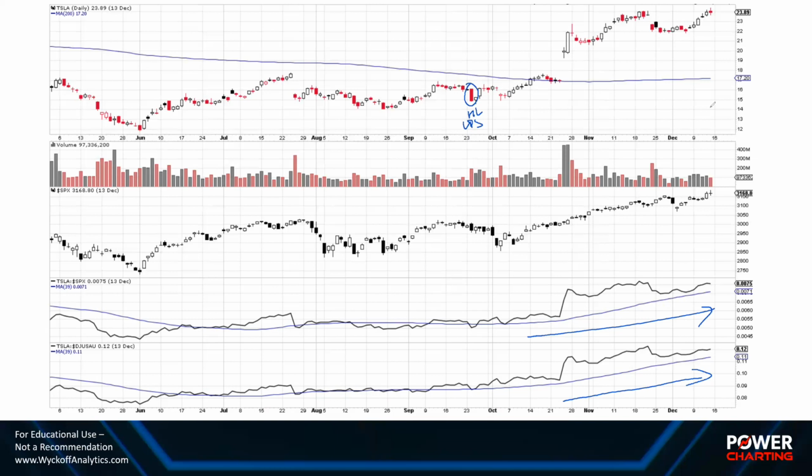Then it just starts to cascade higher, and the relative strength is now above a rising moving average, and it's trending upward. This is going to catch the attention of the very large institutional interests because they only want to own these stocks, period.